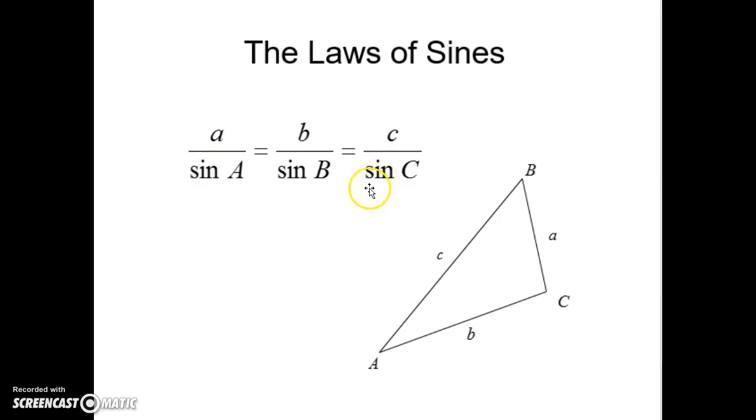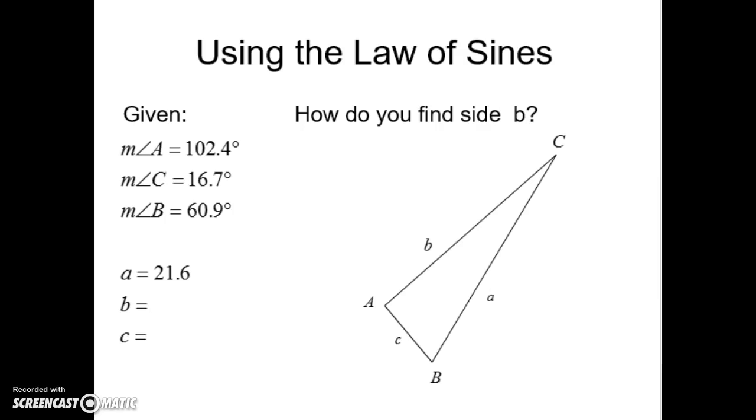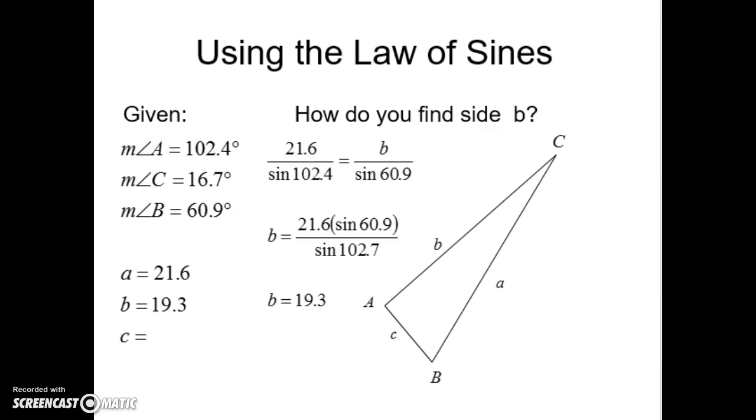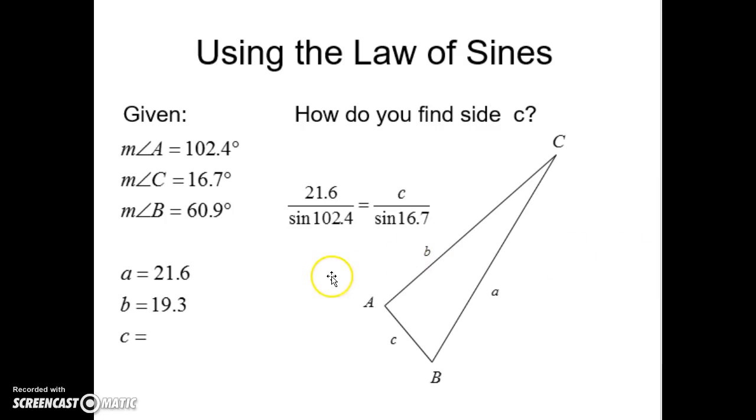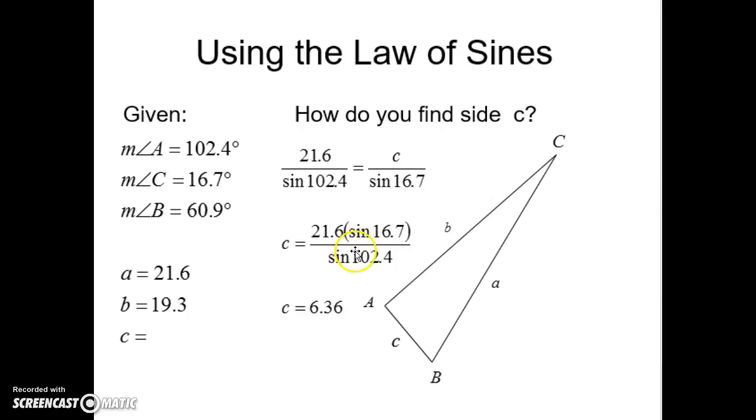We could set these two equal to each other or these two equal to each other and solve for the unknown. So let's go back to where we were here. So again, we're going to solve this for c. We're going to put those values into our calculator. You actually already have those values from our last work, and we find that the length of side c is 6.4 if we round it accurately to one decimal place.